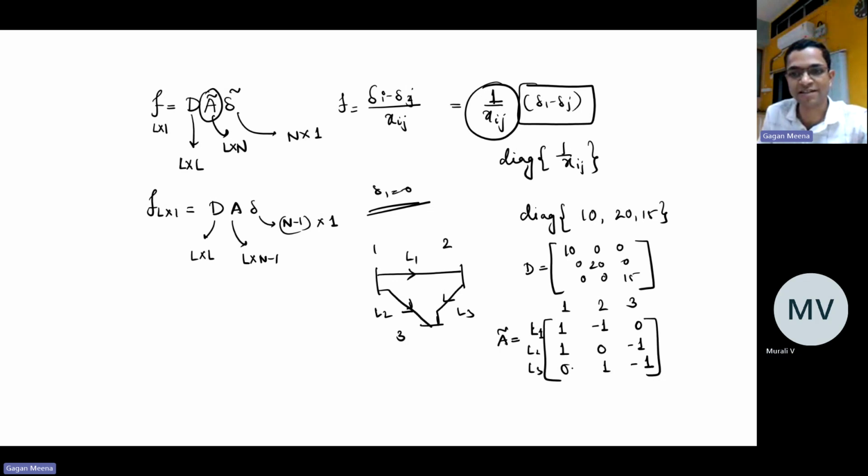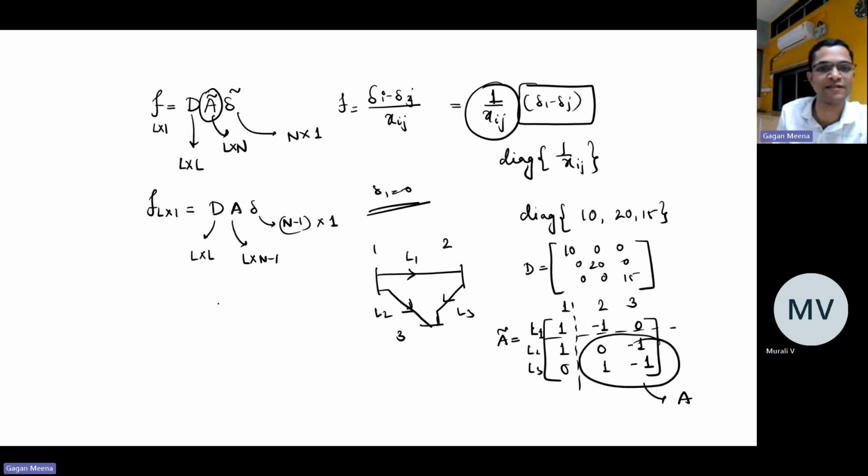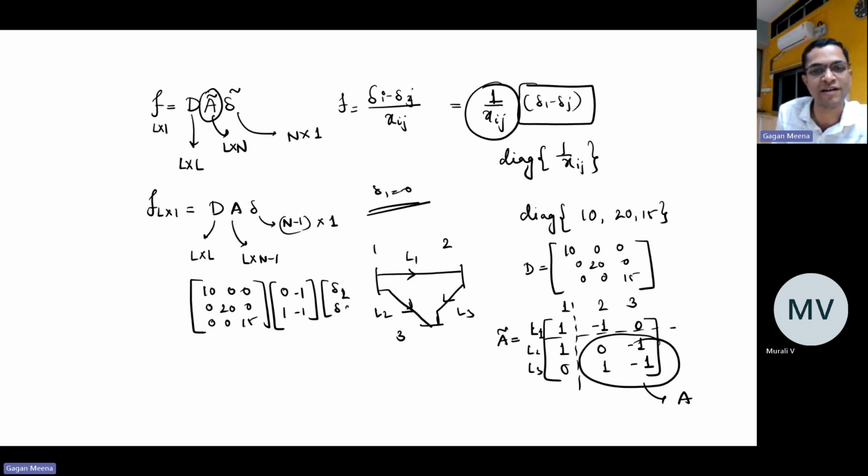In this A matrix, if I remove the first row and first column, I will be left with this matrix, and I am calling this the A matrix. D is the same, and the A matrix is 0, 1, 0, minus 1, 1, minus 1. Then we have delta 2 and delta 3. So this will give us the flow.